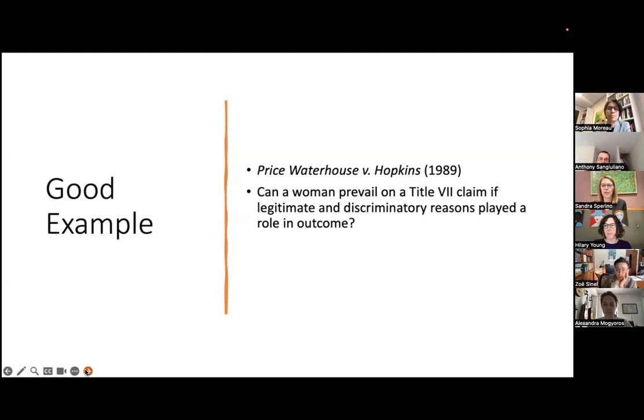And so largely, but not exclusively, the cases that the court had dealt with prior to Price Waterhouse had just focused on this who do you believe versus whether we could have multiple causal options, some discriminatory and some not.